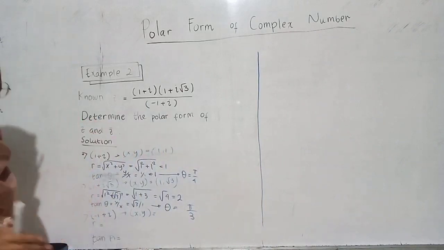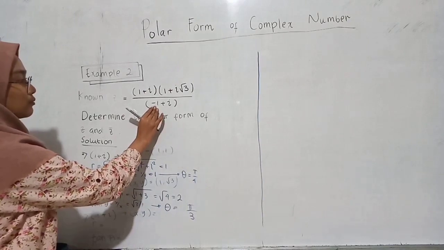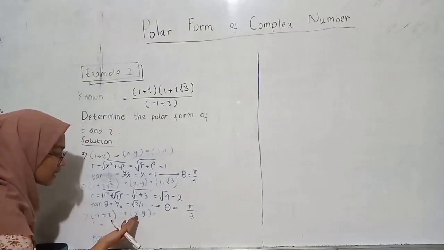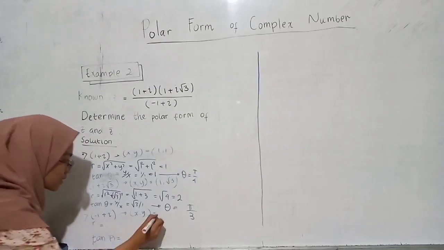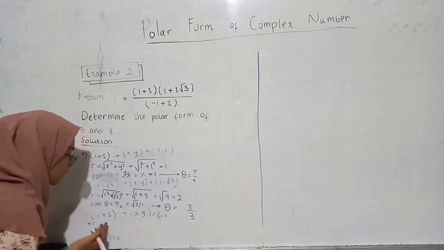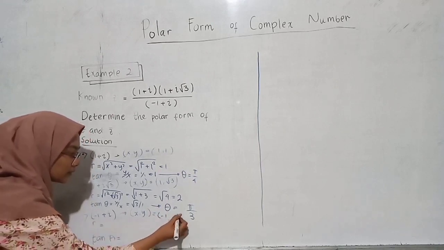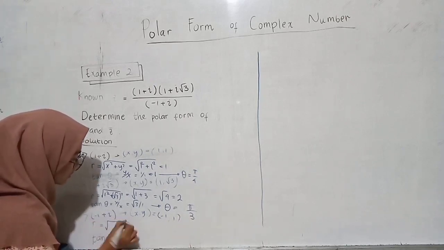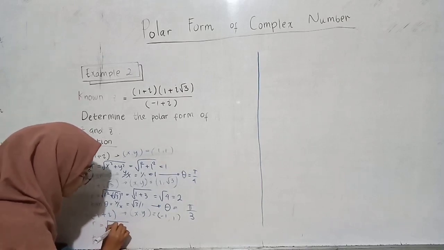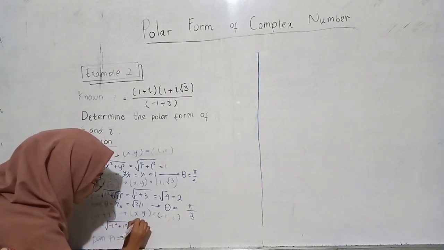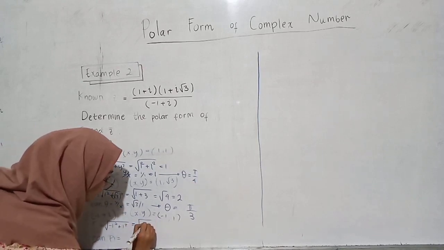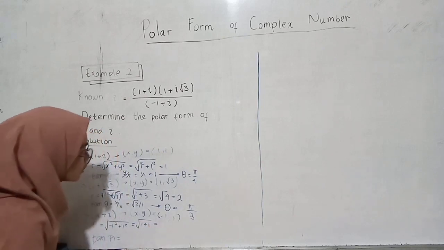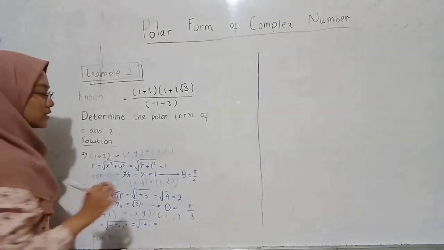And for the last part, that is −1 + i, the coordinate is (x, y), and we can analyze that x equals −1 and y equals 1. Here we can search r as the square root of (−1) squared plus 1 squared, equals the square root of 1 plus 1. Oh, I have made a mistake here.